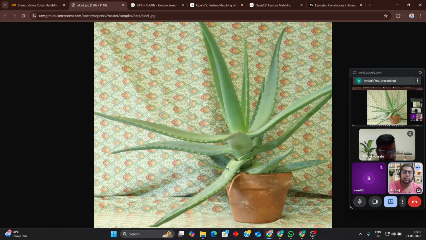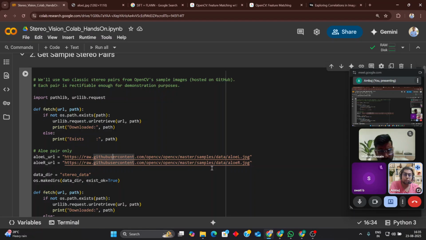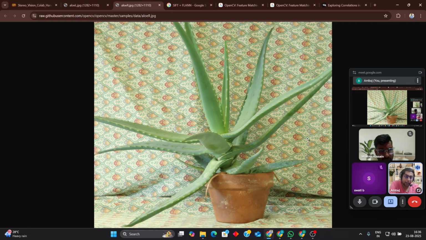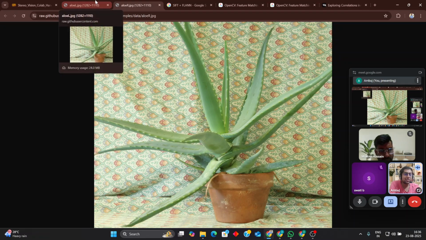It's a simple image, but it is captured from a camera. Right now you all have a camera, so you can use any image you want. But here, for the sake of performing research, I have used two particular images. One is captured from the left camera, and another from the right camera, of the same object.